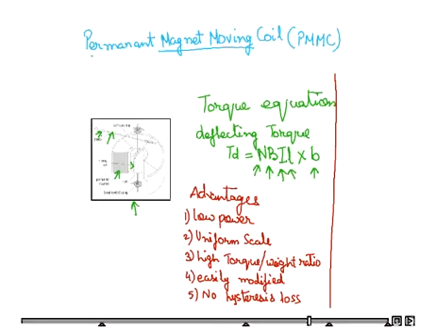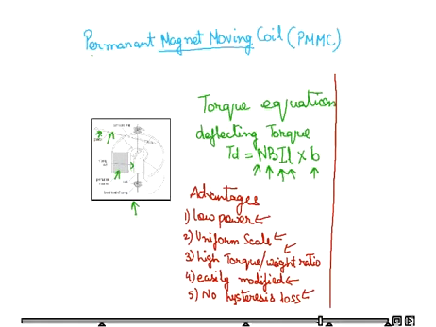Let's see the advantages of this. The first advantage, it consumes less power. The second is it has a uniform scale. Third is it has a high torque to weight ratio. It can be easily modified and there is no hysteresis loss.